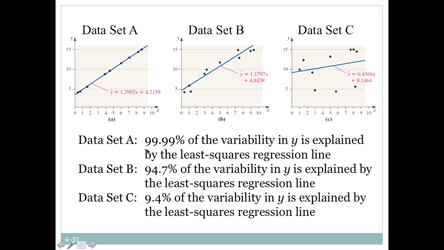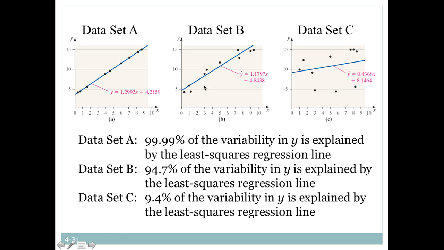So this is an example of something where we have an R-squared value that's very, very close to 1, which would correspond with 100%. So this one, they estimated it to be 99.99%, okay? So our R-squared value is 0.9999. So what that actually means is that 99.99% of the variability in our Y variable is explained by our least squares regression line.